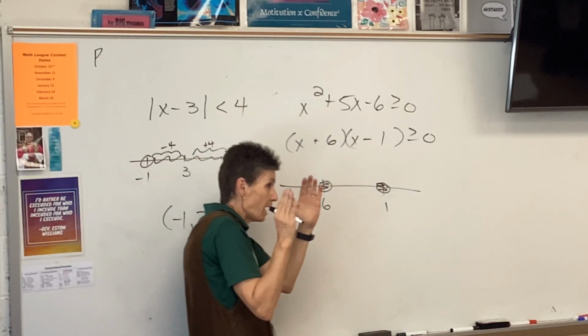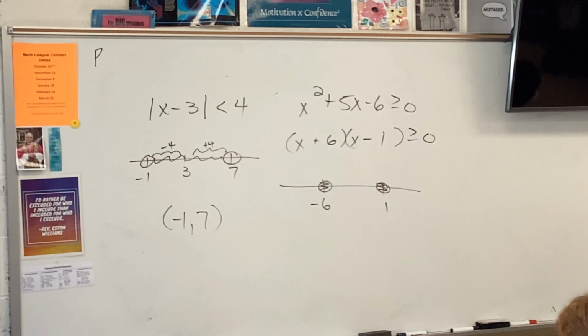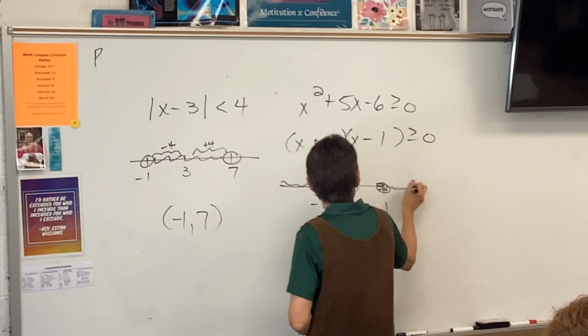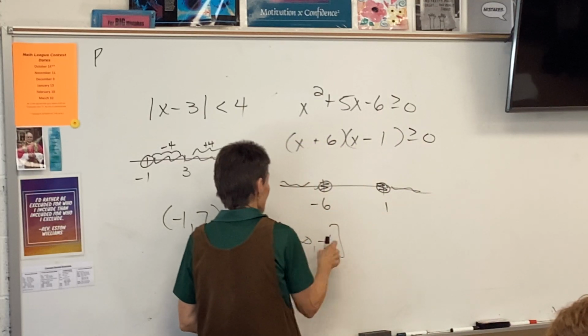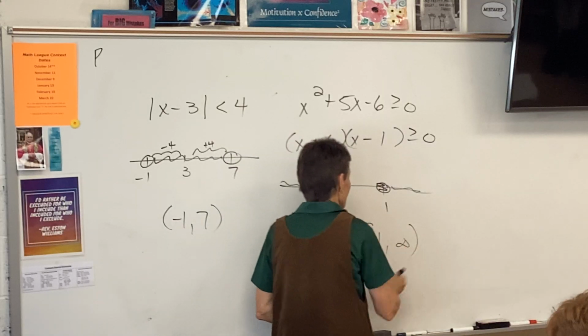When you have two dots and a less than, you're always going to be shading in between. But when you have two dots and a greater than, you're always going to be shading outside. So our answer is going to be negative infinity to negative 6, and that is a bracket, or 1 to infinity.